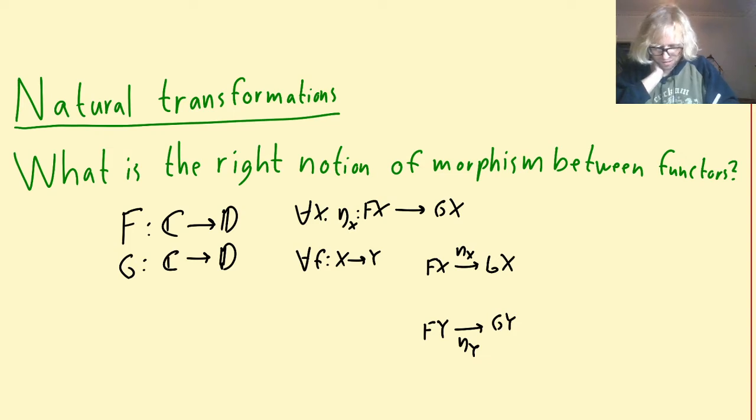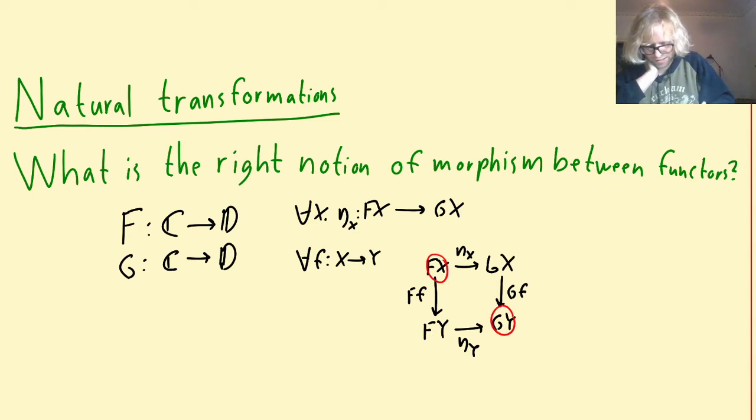But now I can complete this square by looking at the action of the functor f on the morphism f that goes from here to here, right? And similarly, I can do the same thing with the functor g. So now I have two possible paths from here to here. I could either go down and then across, or I can go across and then down, right?